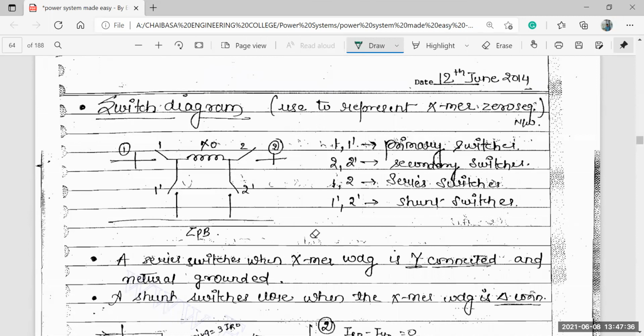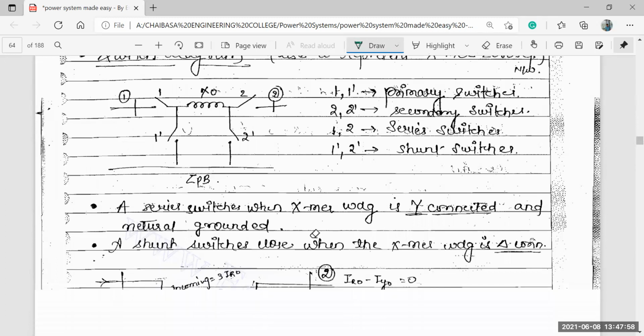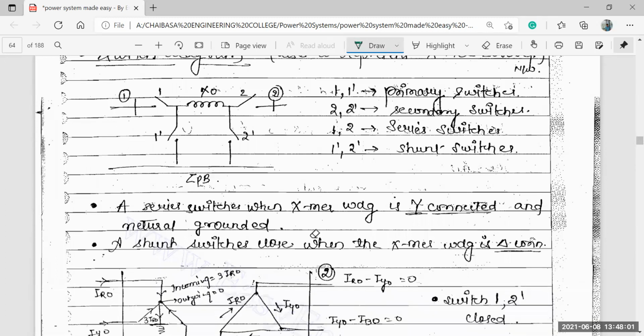Okay, so Y11 is the primary switches, Y22 the secondary switches, where 1 2 are series switches, and 1 2 volt is the shunt switches. So a series switch closes when the transformer winding is Y connected and the neutral is grounded.